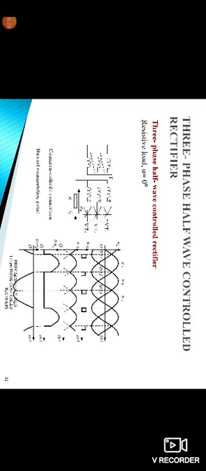The output voltage waveform is different for the firing angles alpha equal to 0 degrees and alpha equal to 30 degrees, and the circuit diagram is the same for both circuits. For resistive load with alpha equal to 30 degrees, we take the gate circuits across the x-axis, and then it follows a certain type of waveform.